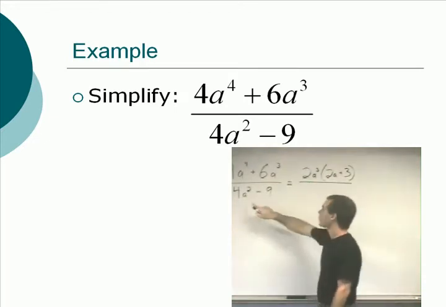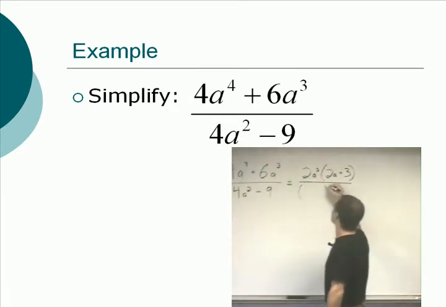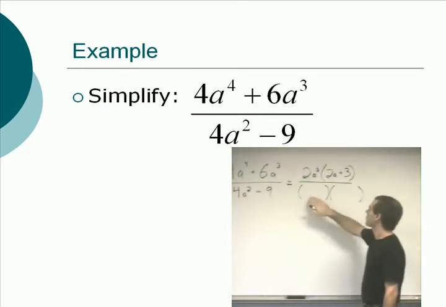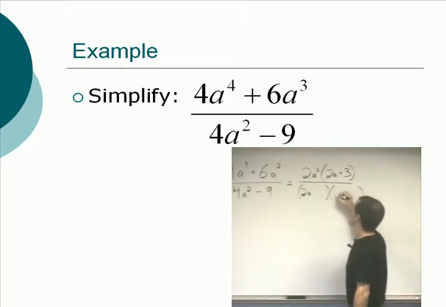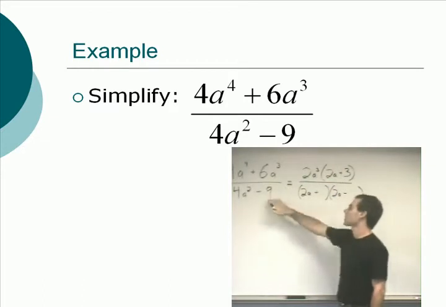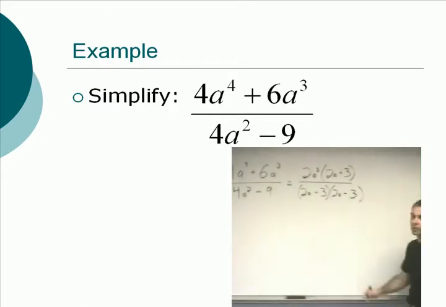Difference of squares. Those are both perfect squares. That's a perfect square, and this is a perfect square, so it'll factor into. The first term in both of these will have to be 2a and 2a, yep. Difference of squares means we're going to have plus and minus, and the last terms obviously have to be 3 and 3. Okay, so we've got everything completely factored now.